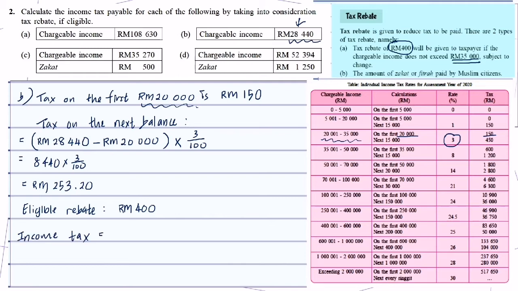So the first 20,000 is 150 ringgit plus tax on the next balance is 253 ringgit 20 cent, and we minus the tax rebate 400 ringgit.